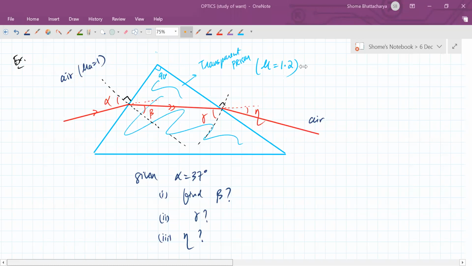Yeah, very good. Alpha is 37, so beta will be 30. Okay. And what about gamma?